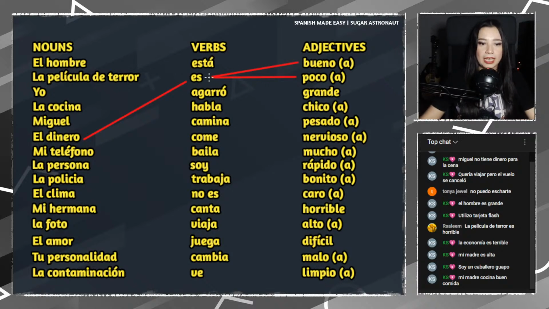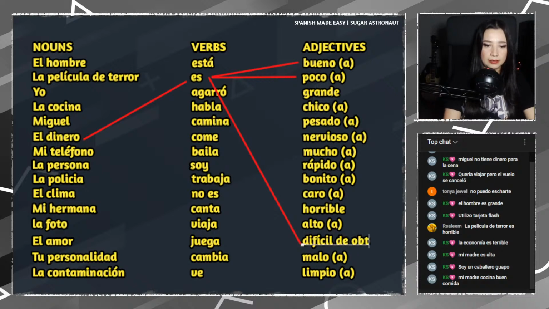You can also say difícil can work, and I would add something like de obtener. Okay, so you can add more to your sentence. El dinero es difícil de obtener, and that means money is hard to get.